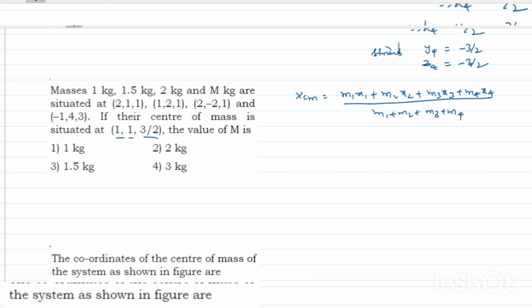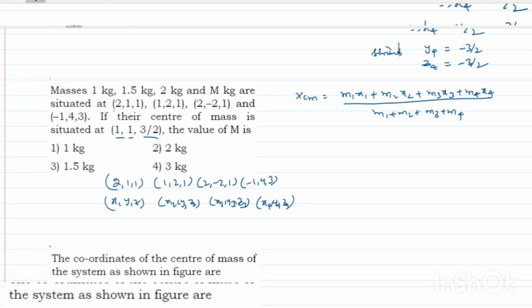Let us take these as the coordinates: 2, 1, 1 is given, and here 1, 2, 1, then 2, minus 2, 1 is given, and here it is minus 1, 4, 3 is given. This is x1, y1, z1, like x2, y2, z2, this is x3, y3, z3, and here it will be x4, y4, z4, just take that as an assumption.